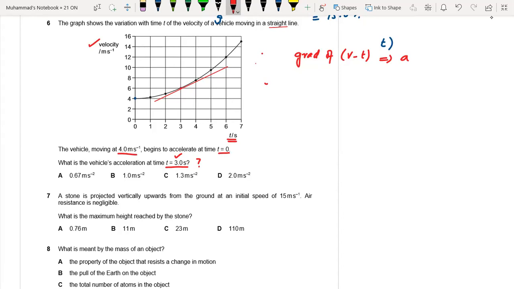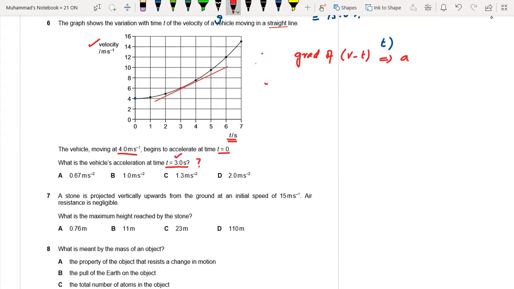So I have already drawn a tangent at this point. The tangent is a line that touches this curve at a single point, so that is at 3. So we will find the gradient of this tangent. I will take 2 points on this line, and probably I will select those 2 points which are in whole numbers.